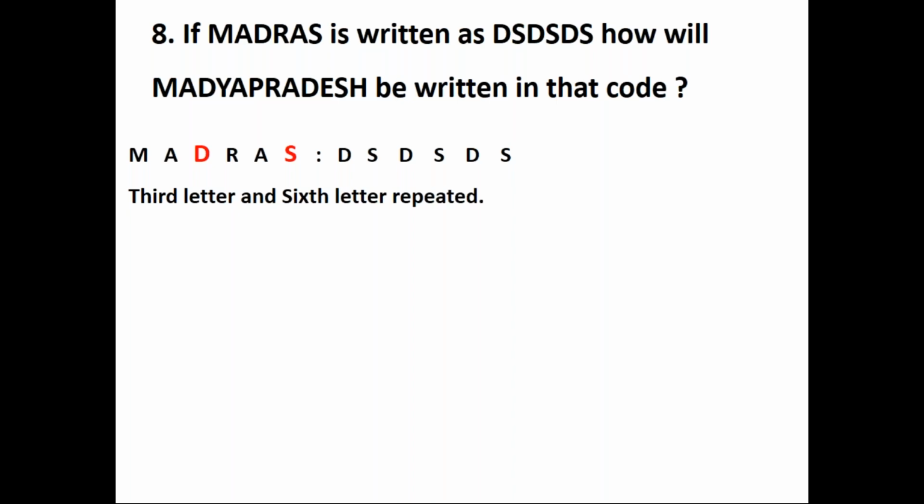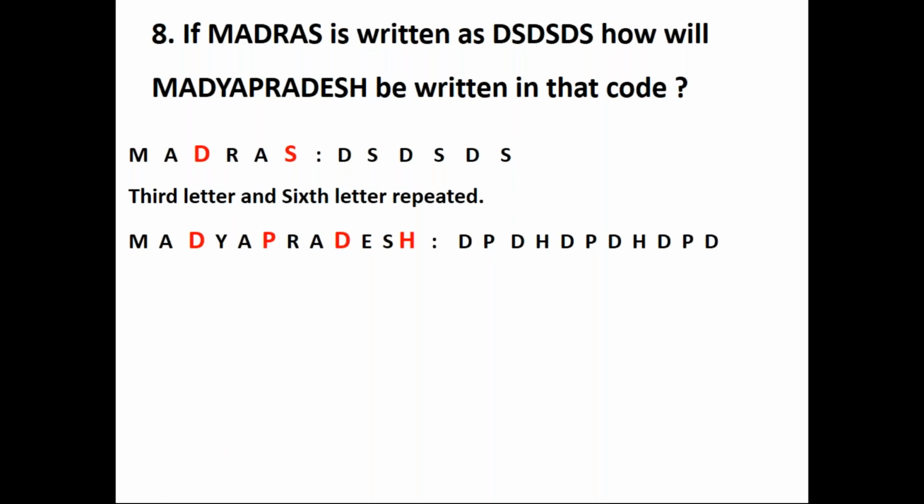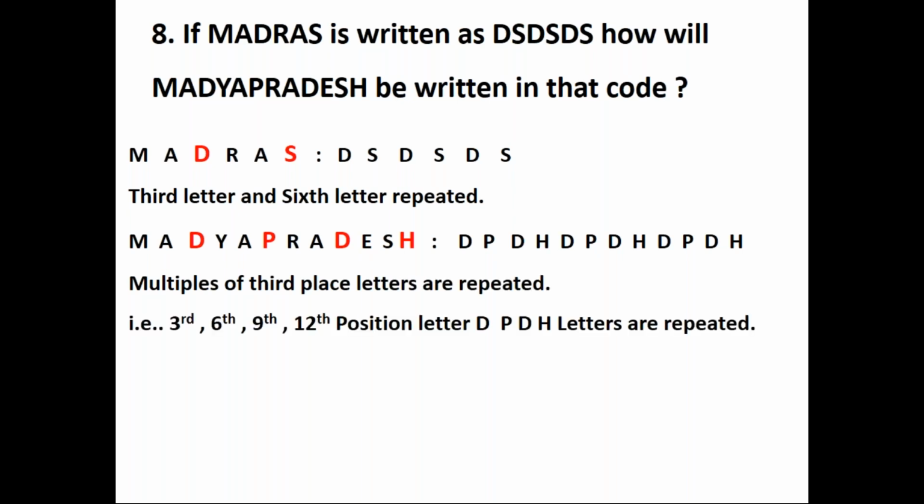The third, sixth, ninth and 12th letters are repeated. So DPDH is the answer.